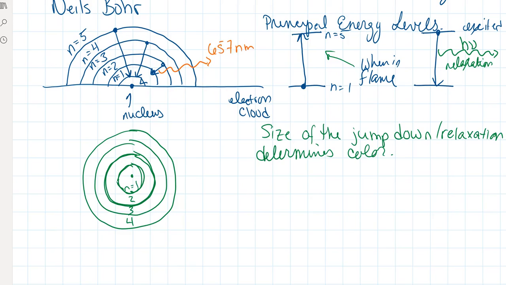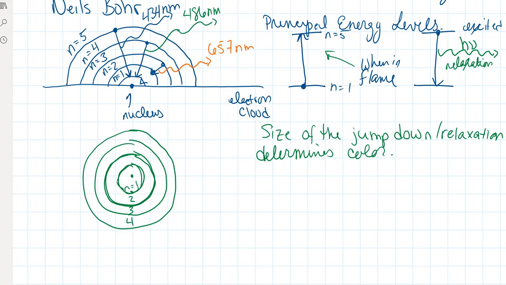When he looked at this transition between 4 and 2, he saw that this gave off 486 nanometers, a greenish blue light. And this last one gave an emission of 434 nanometers, where we had this blue light.